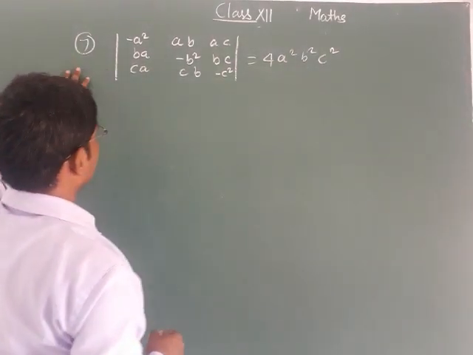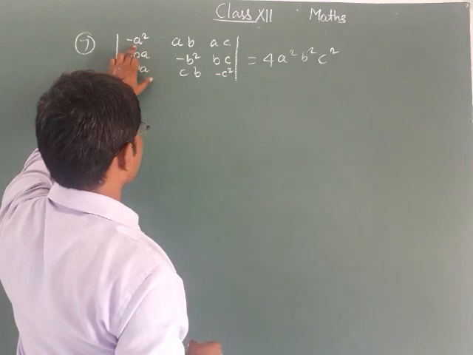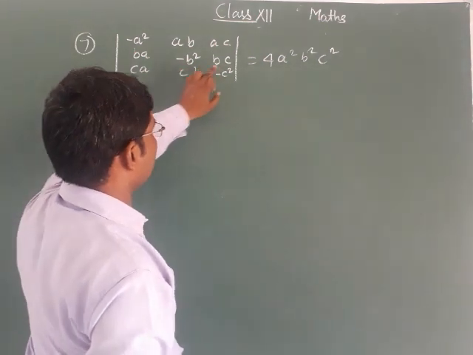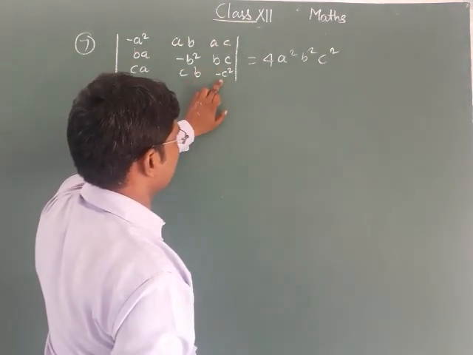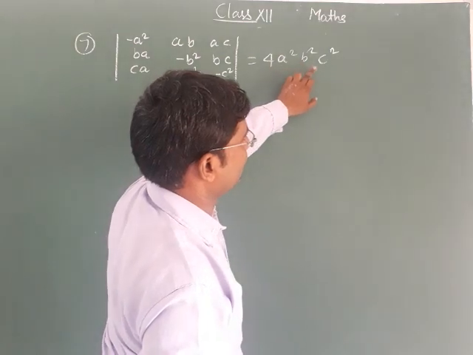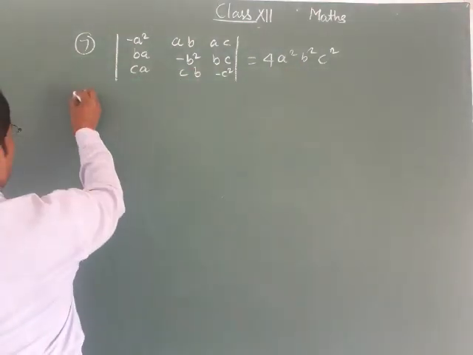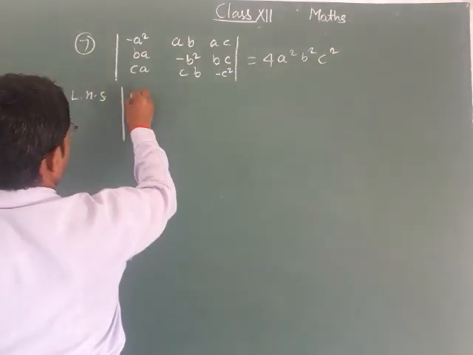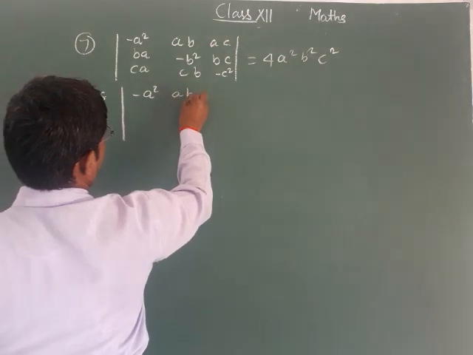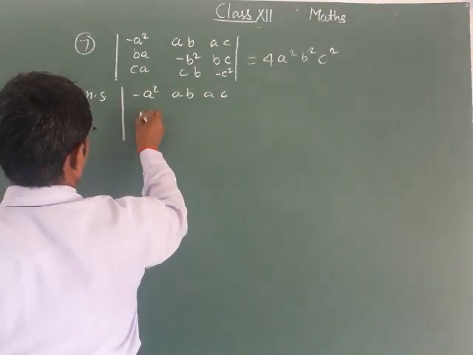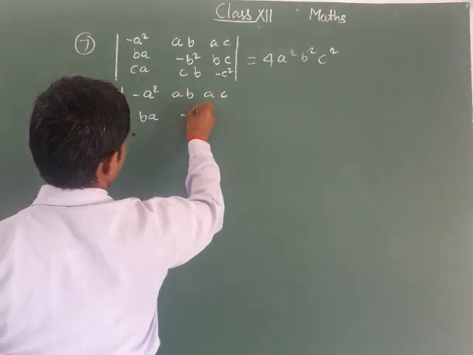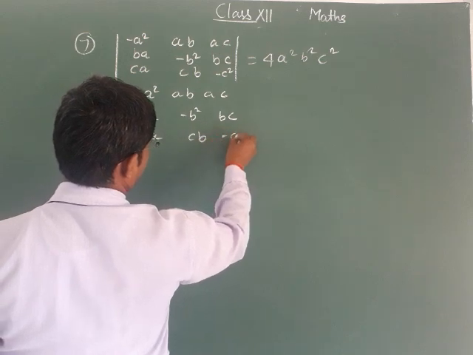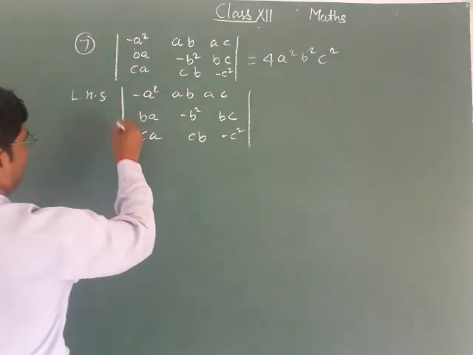Question number 7. The determinant with elements minus a square, ab, ac; ba, minus b square, bc; ca, cb, minus c square is equal to 4a square b square c square. So now taking the LHS.